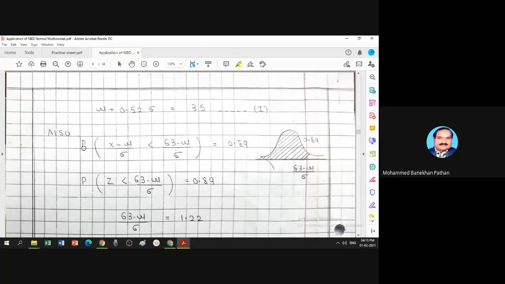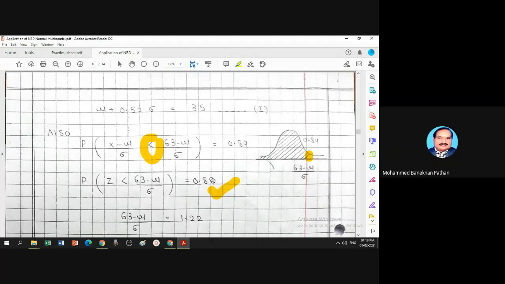Statement number 2. Chance X minus mu by sigma, 63 minus mu by sigma, is 0.89. So this is your probability 0.89. Again it is below, so I have to speak from the left hand. If I touch this line, probability will be 0.5, but this probability is 0.89, so I have to cross. So this location is on the right hand of 0, a positive number from the book.